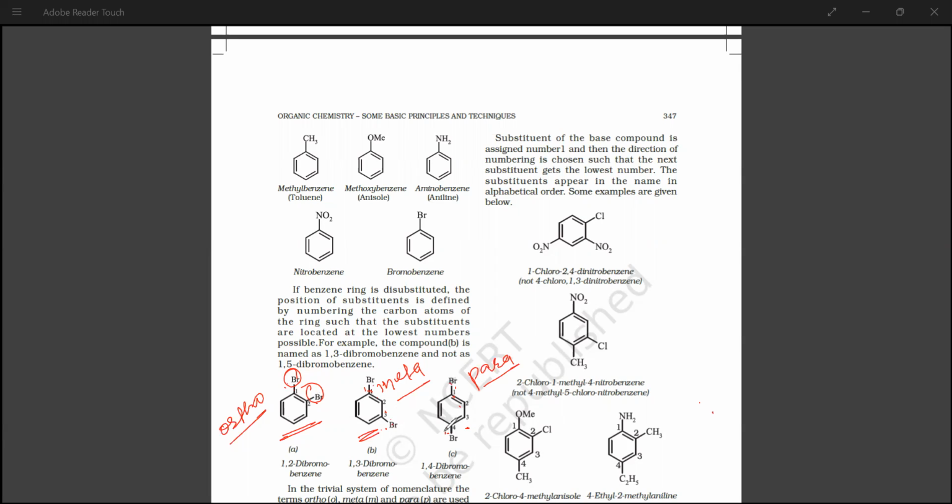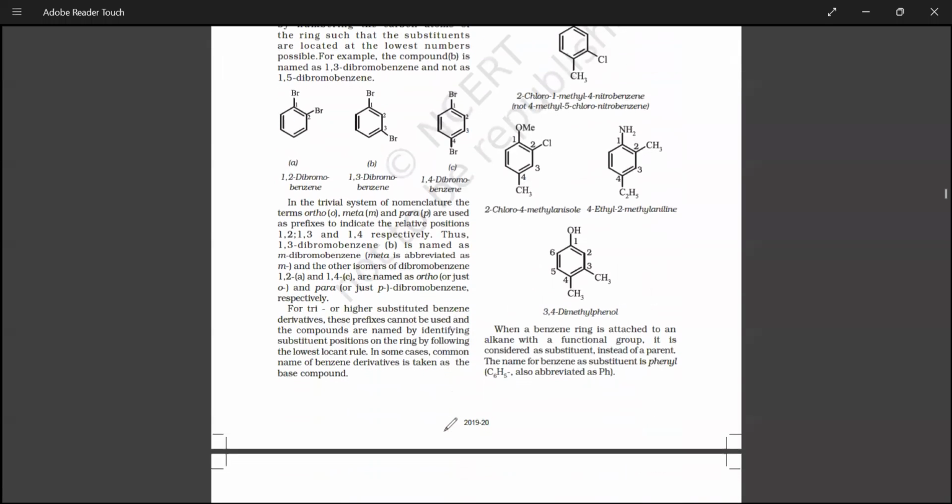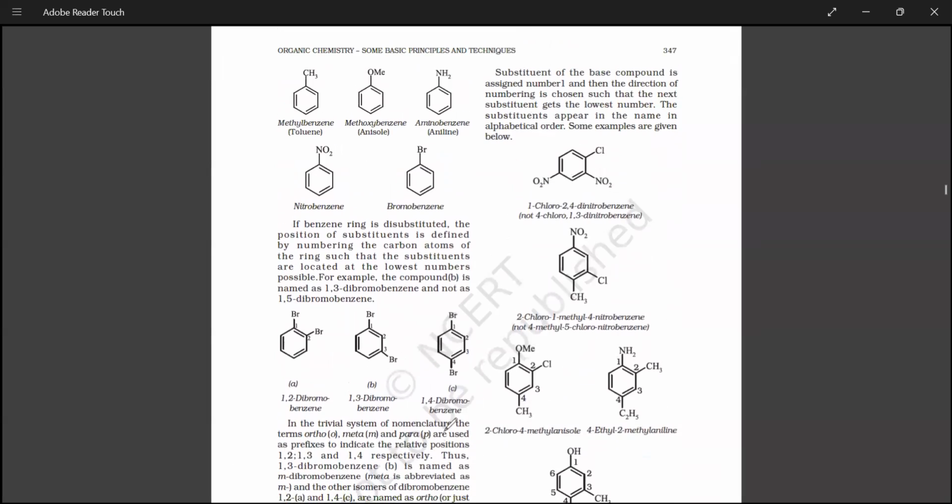Now see, this all is over. See here, you'll start counting carbons from here, 1, 2, 3, and 4. So on first chloro is there, on second and fourth two nitro are there. So 1-chloro-2,4-dinitrobenzene.